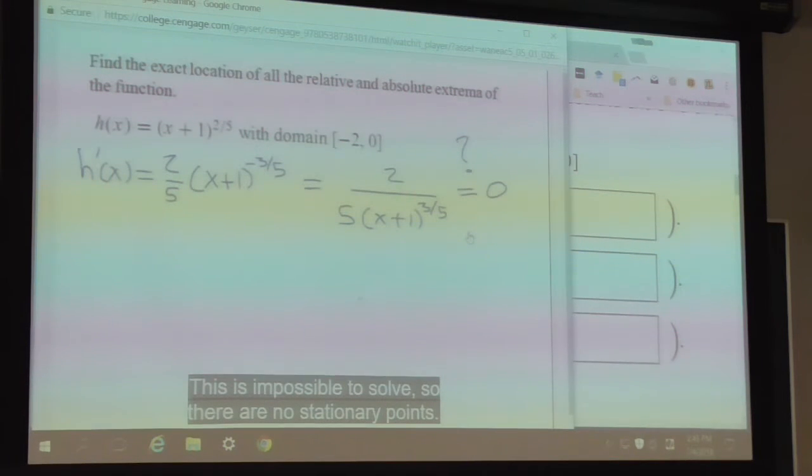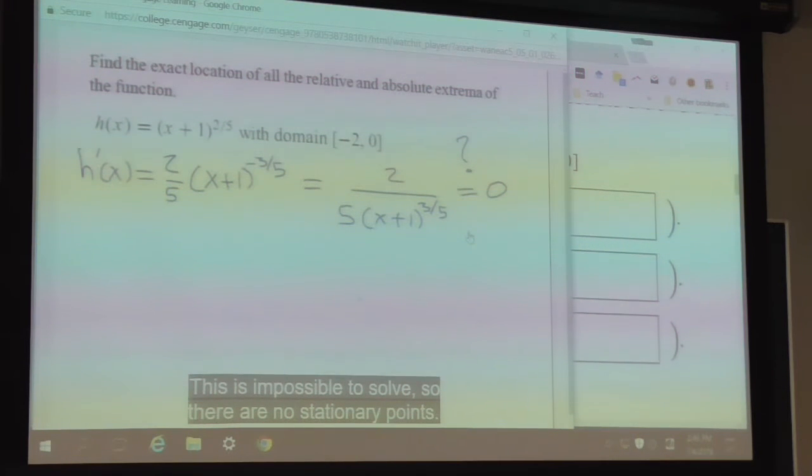But what about in this case? Is the derivative ever going to be equal to 0? It's 2 over something, right? That's not going to be 0, because the numerator is a constant, it's not 0. So we're not going to have any relative extrema.